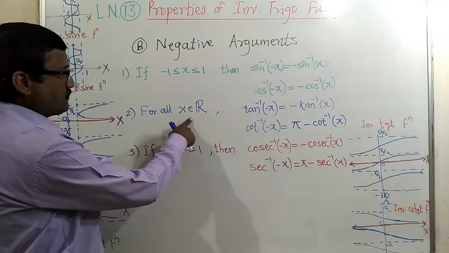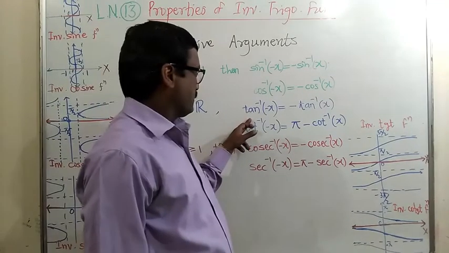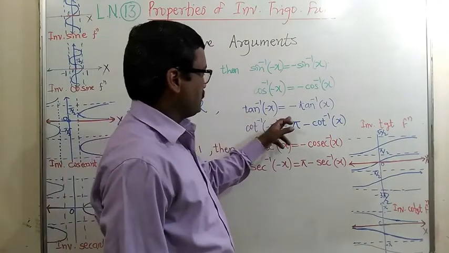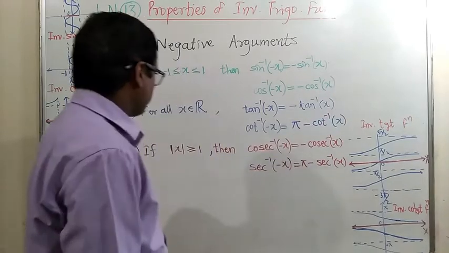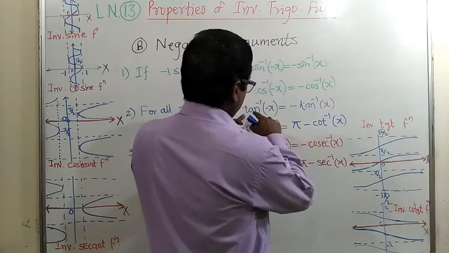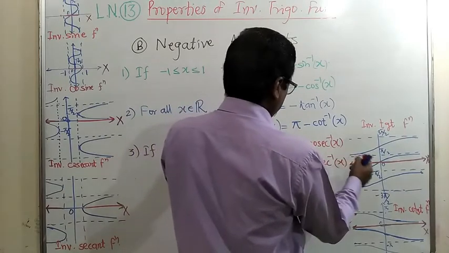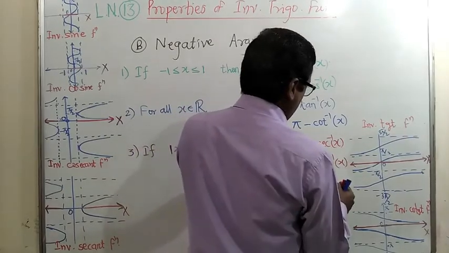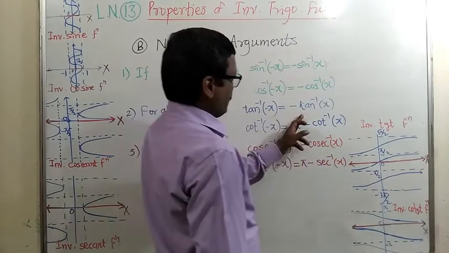Therefore, for all x belonging to R, the inverse tangent of negative x is equal to minus tan inverse x.